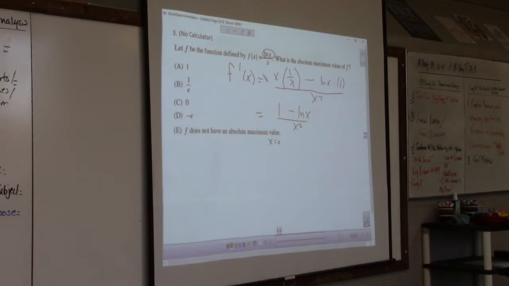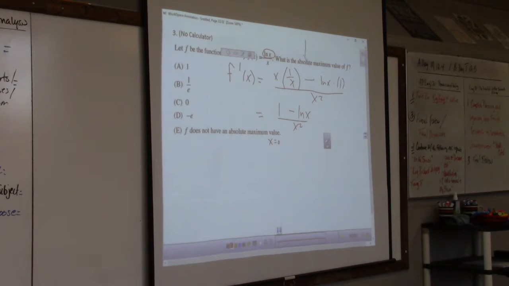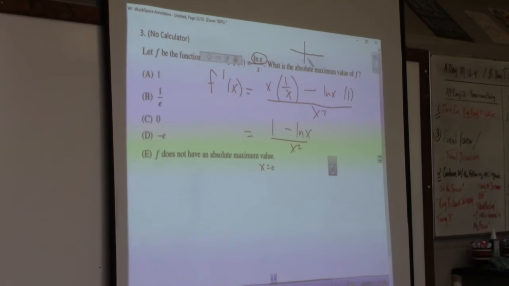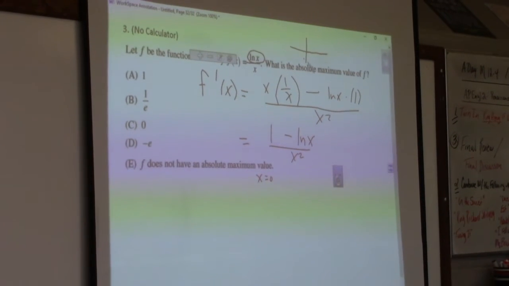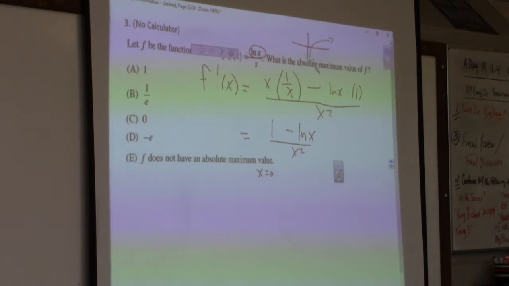The thing is we're running into problems right there. What's the natural log of 0? It's undefined. Think about your natural log. You can never, ever, ever take the log of a negative number. So remember, our graph of natural log looks like this. So it never exists where x is negative.